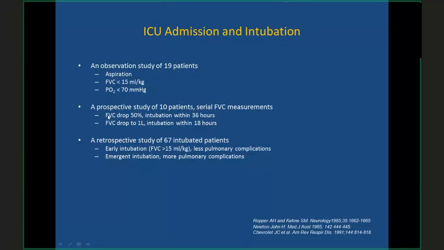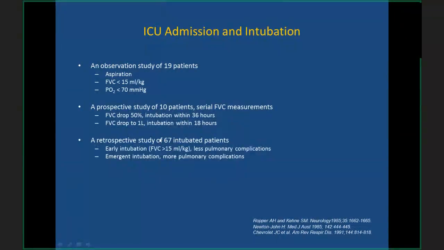Another study shows that if FVC drops 50%, intubation is required within 36 hours, and if FVC drops to 1 liter, intubation is needed within 18 hours.